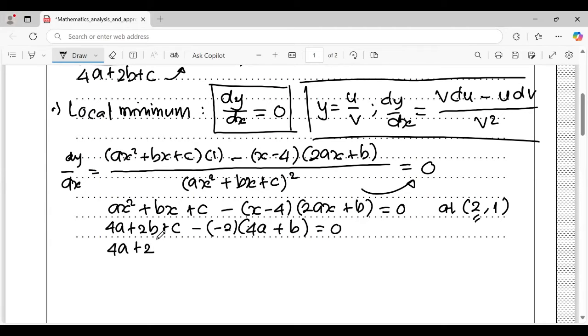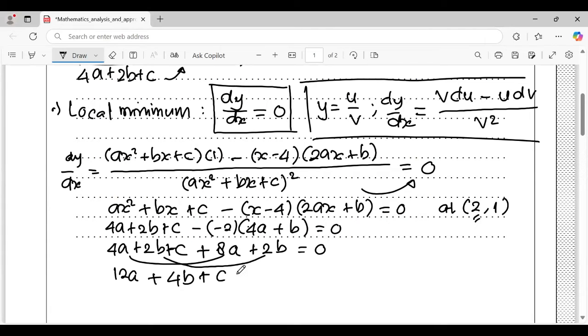So 4a plus 2b plus c, minus minus becomes plus 8a plus 2b equals 0. It becomes 12a, because 4a and 8a, then 2b and 2b, 4b plus c equals 0. This is the second equation.